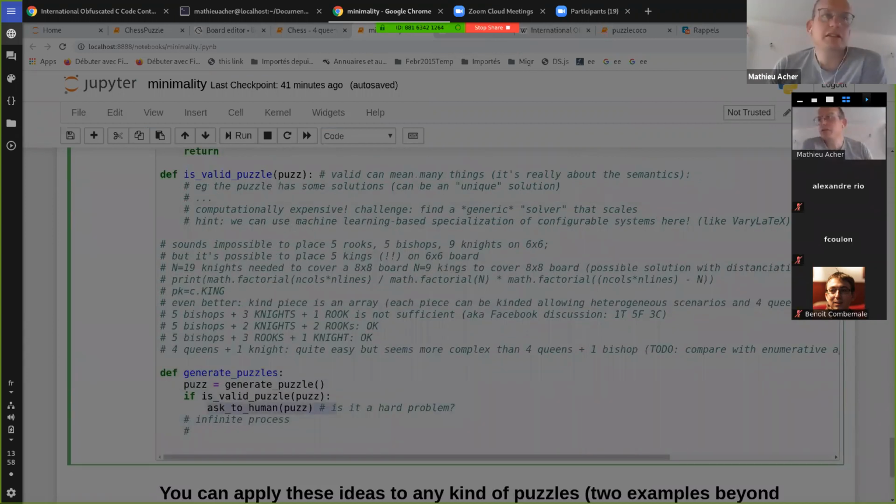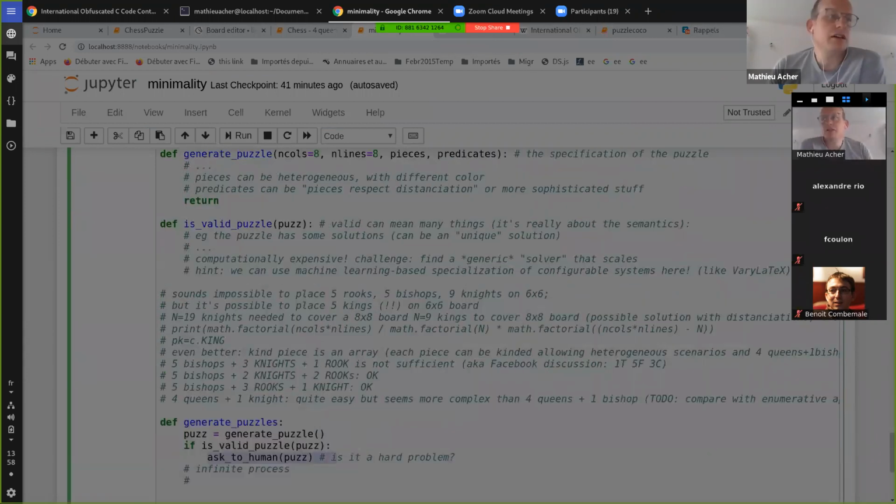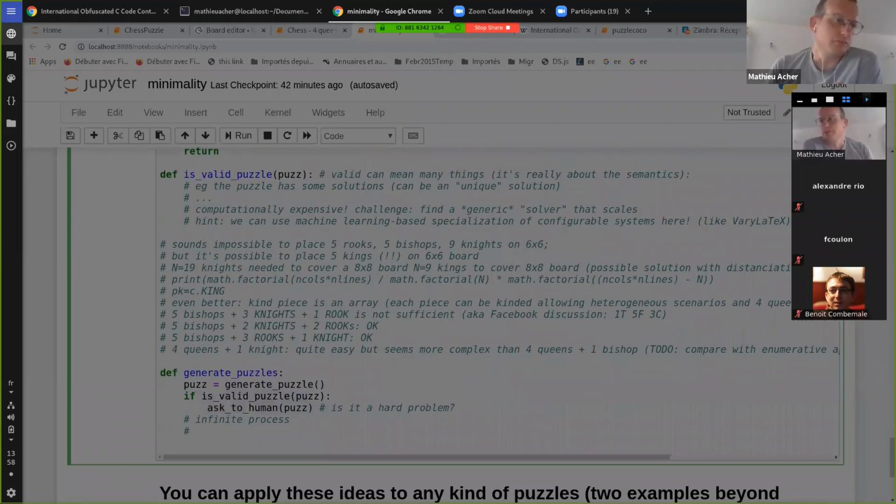In fact, it really looks like mastering a space of solutions. So for me, it's really related to what we are doing in research about configurable systems. So we have plenty of configurations. We are controlling whether they are valid or not, and sometimes we even ask experts because some solutions are subjective.